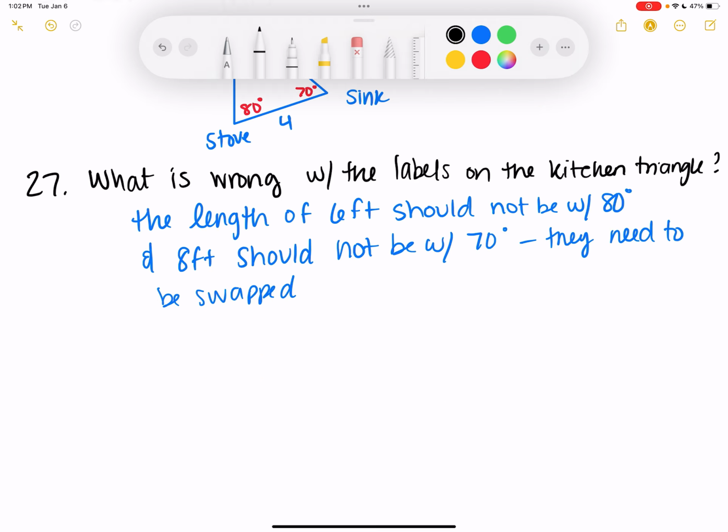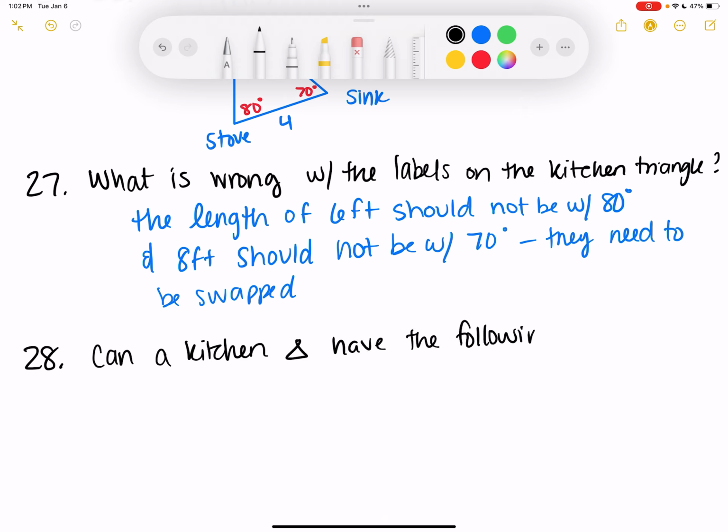So, then question 28 says, can a kitchen triangle have the following side lengths? Nine feet, 3 feet, and 5 feet.